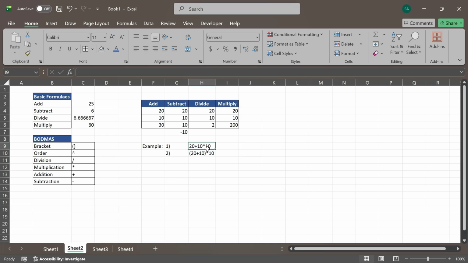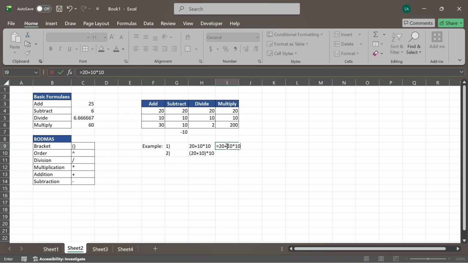So, let me solve this equation first. This is just normal text because this is not starting with equal to sign. I will just try to use this as my formula. I'll start with equal to sign. 20 plus 10 into 10.